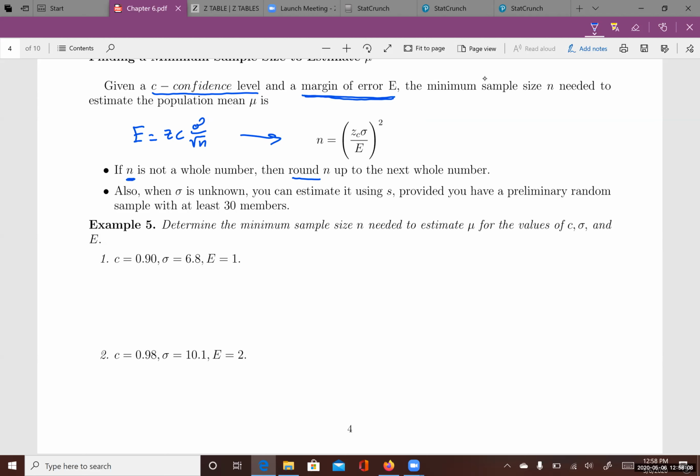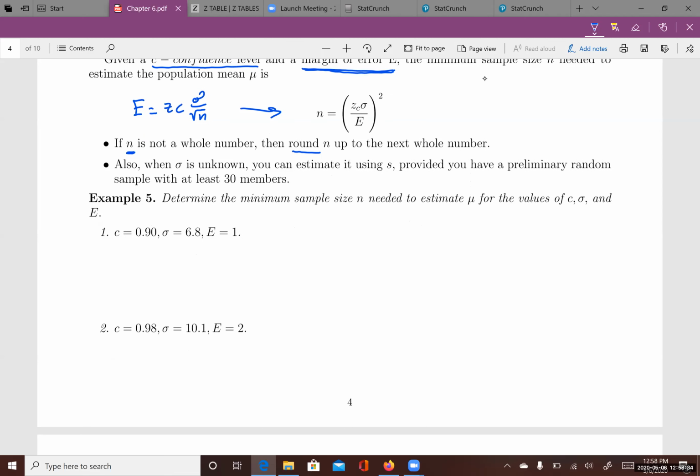The reason we round up is that in statistics, if you have to choose between a smaller sample size and a bigger sample size, you always want to go for a bigger sample size to have a smaller margin of error, to achieve your desired margin of error, right?